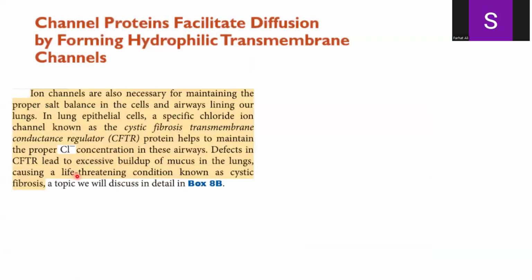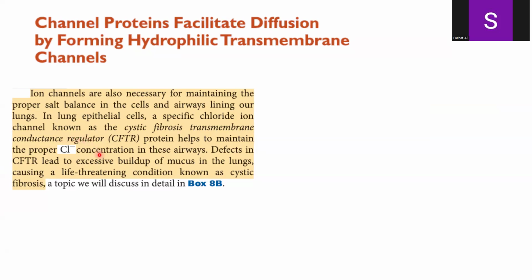So ion channels are important for the transport of different types of ions, and a deficiency or mutations can lead to an imbalance in the osmolyte concentration.